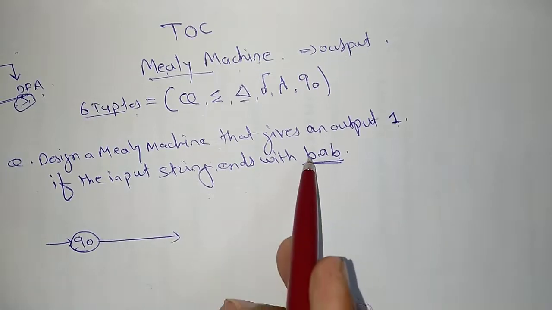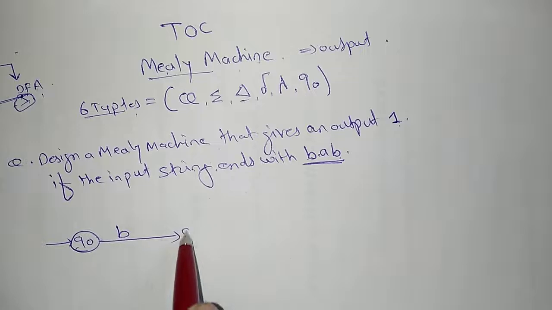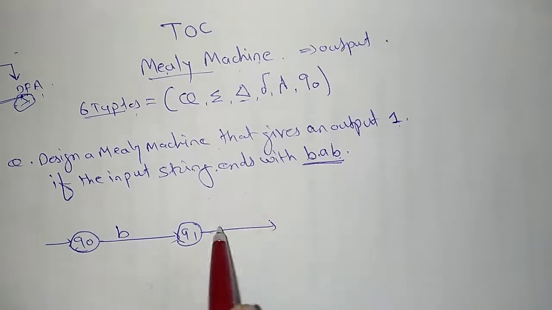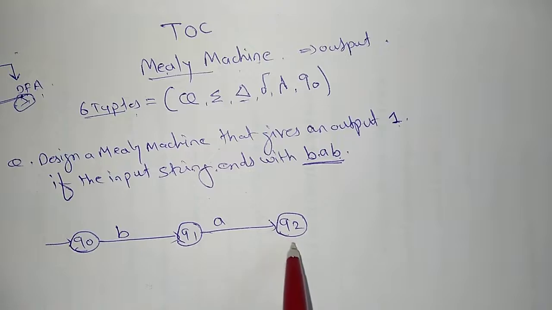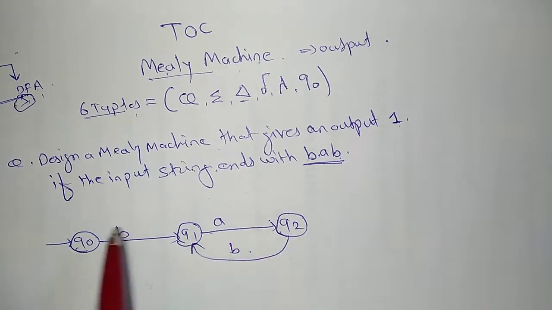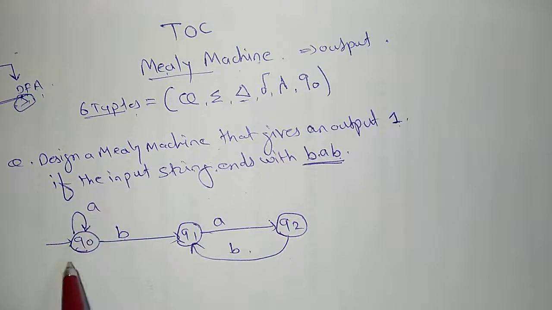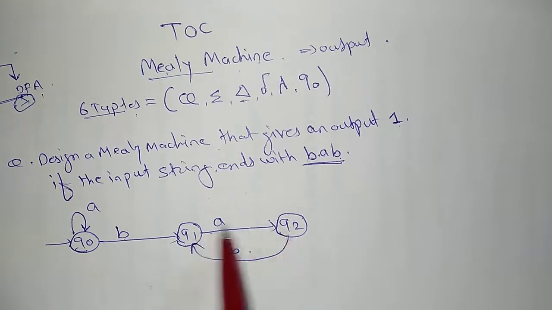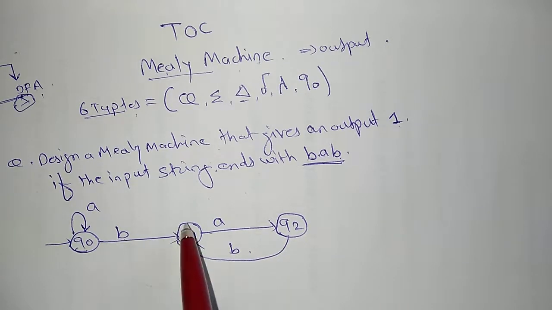Q0, first we will see B, Q1 it will give A, Q2 it will give B. Now under the DFA rule, at Q0, B is there. Then what about A? A can be a self loop. Now at Q1, there is an A transition, and we are looking for B transition, so with B, I can go with a self loop.